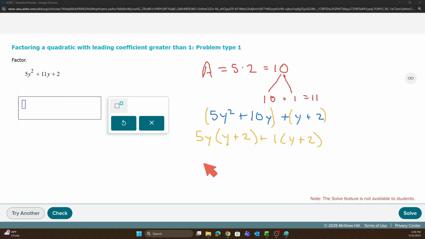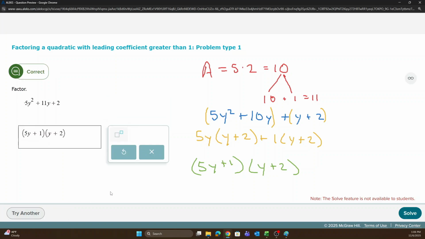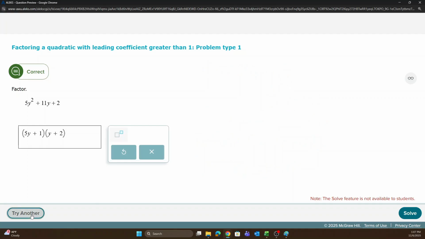Finishing this off, we've got 5y plus 1 times y plus 2. 5y plus 1, y plus 2, hit check. You can see we got it right. So let's do another one, and then we'll go ahead before we move to the next set.